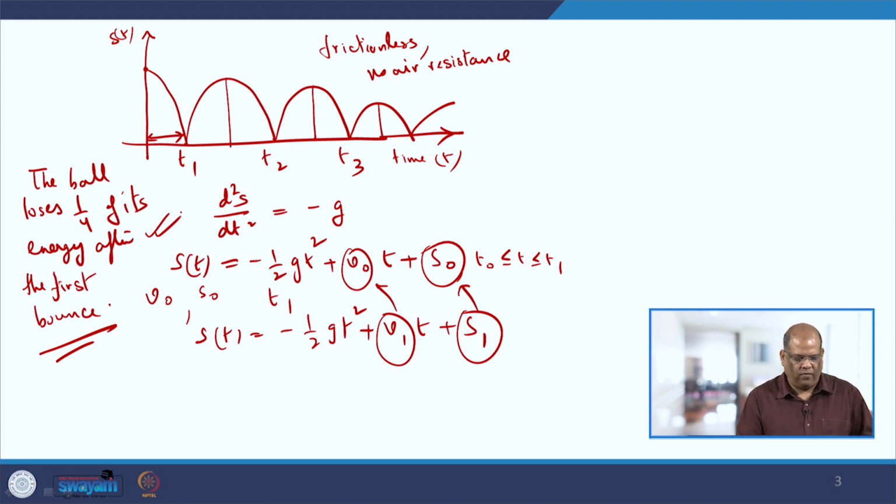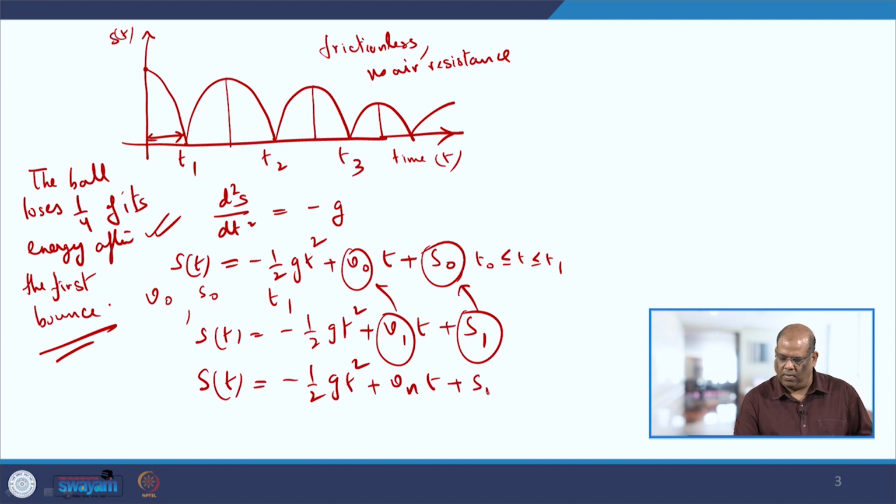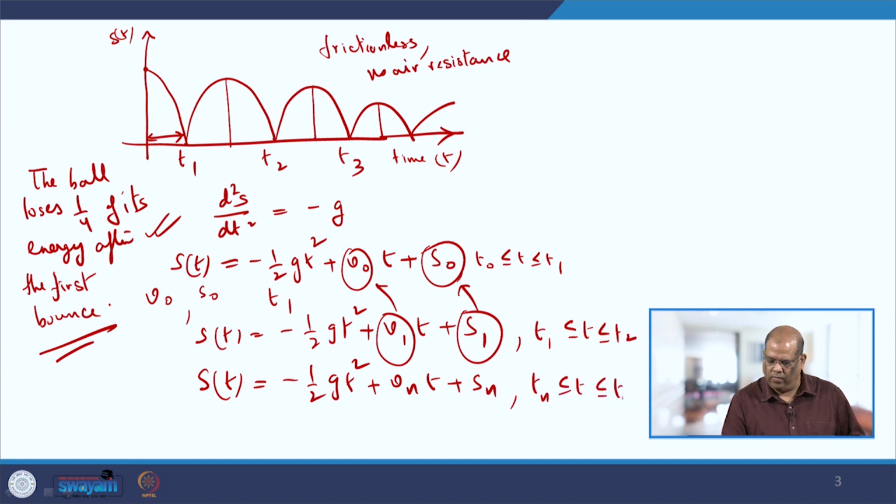So, in general if we write, this equation will be treated like this: minus half g t² plus some vn t plus some sn. This was in the interval T2, this is in the interval. So, Tn is the nth time the ball hits the ground.